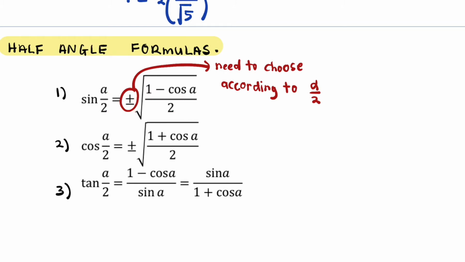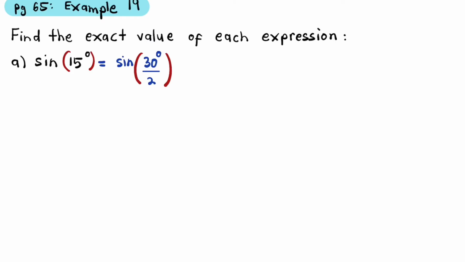Now, determine what your A is over here. Since your angle is 30 degrees, you know that your A is equivalent to 30 degrees. Then, do you know your plus or minus? Again, you have to check from your half angle, which is your 15.